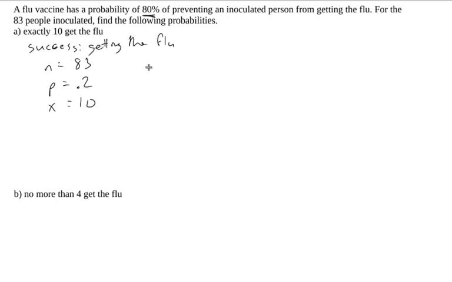You can define your success however you'd like to, you just need to stick with it. So to find this probability, we want to use binomial PDF. This is a PDF because I want to find the probability of exactly 10 people getting the flu.